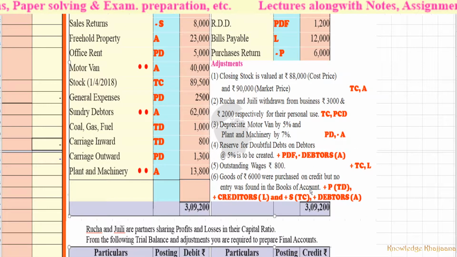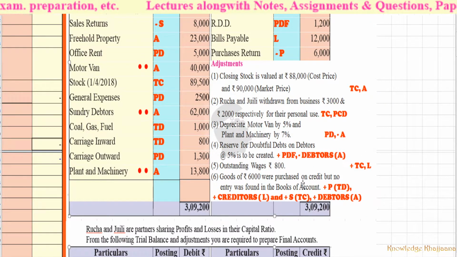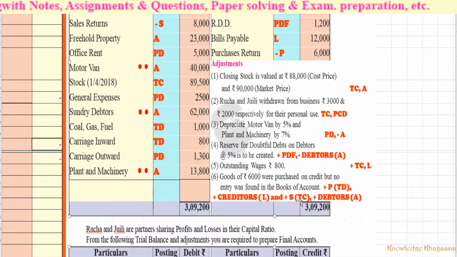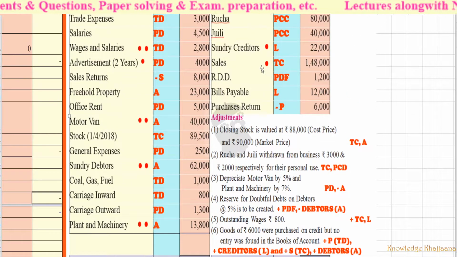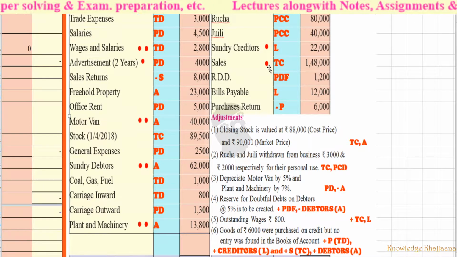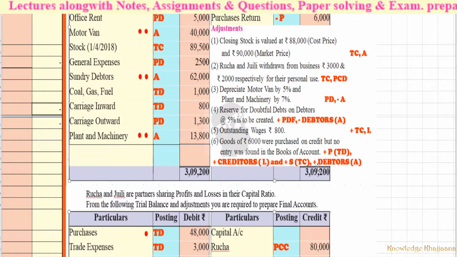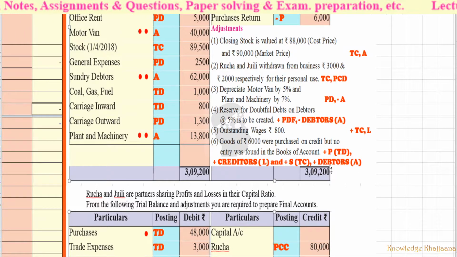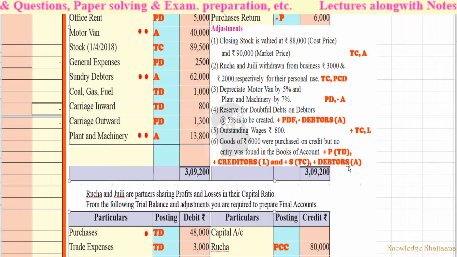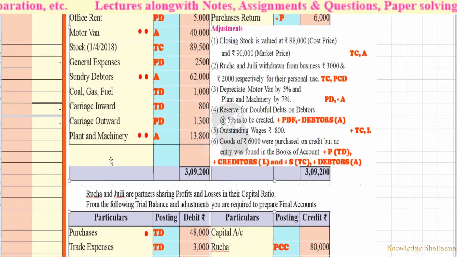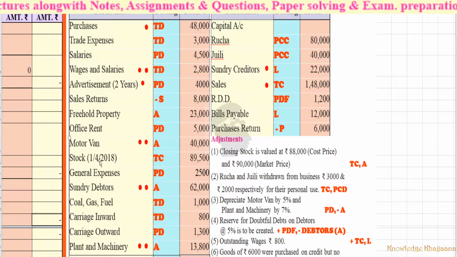Then we have forgotten to record the sales also. So that amount should be added to the sales on the trading account credit side. So one mark against sales, trading account credit side. Then that amount of debtors was also generated, so we have to record those debtors also. Debtors are on the asset side of the balance sheet. So one mark against debtors.